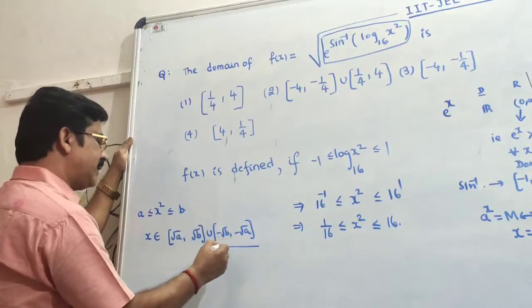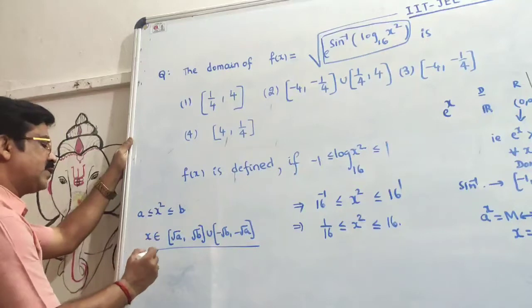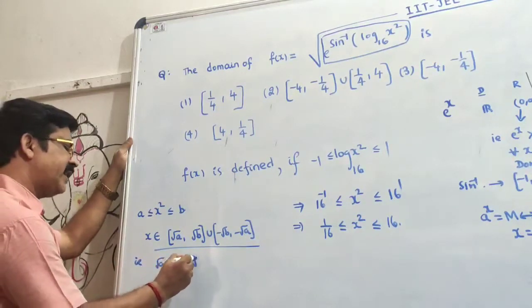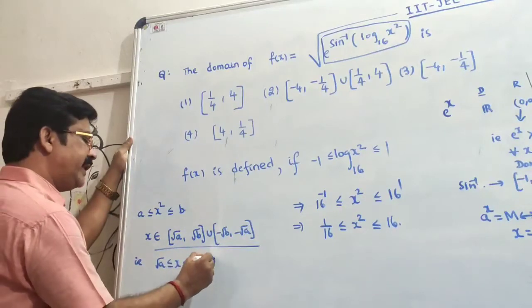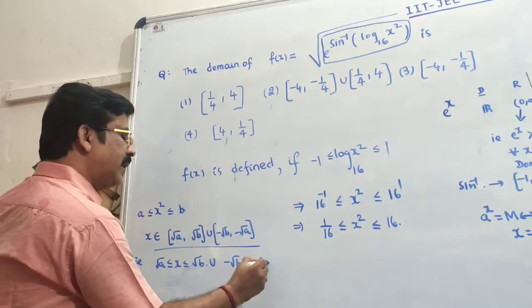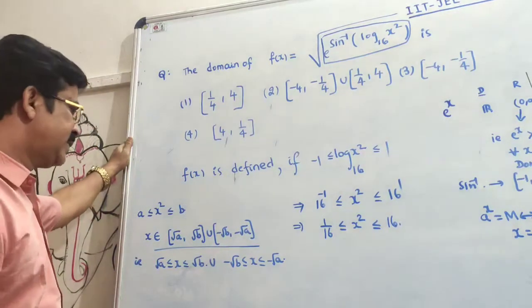We must learn this formula by heart. Understand? That is, one solution is √a ≤ x ≤ √b, union −√b ≤ x ≤ −√a.